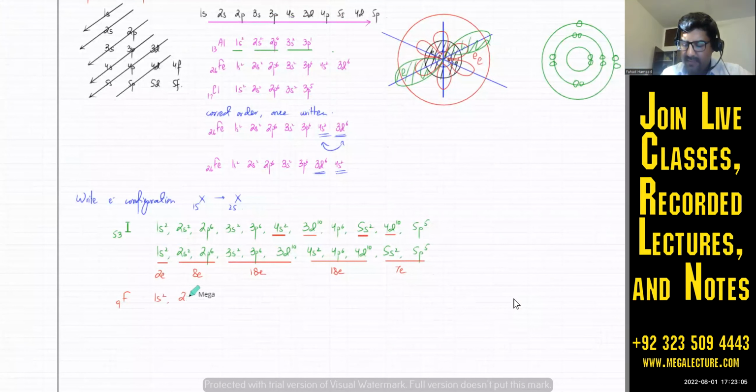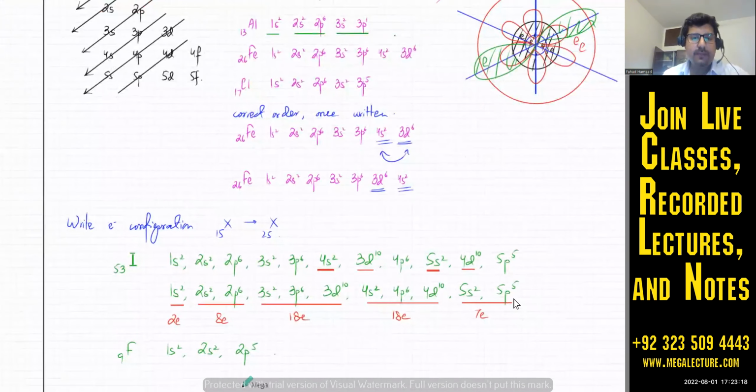The 2s will have 2 electrons, and the 2p will have 5 electrons. That's it. So that is what fluorine is: 1s2, 2s2, and then 2p5.